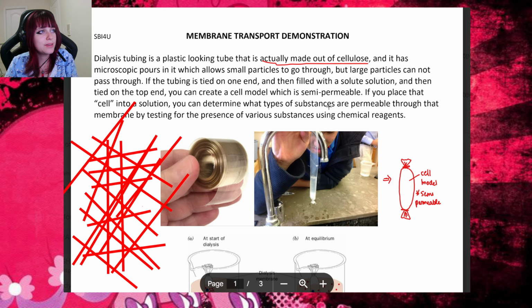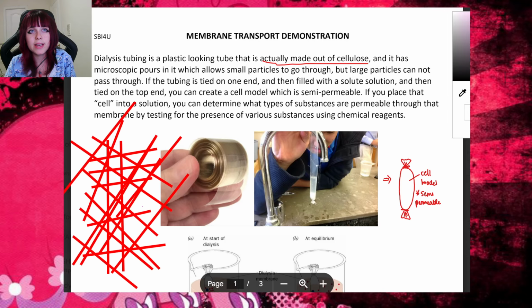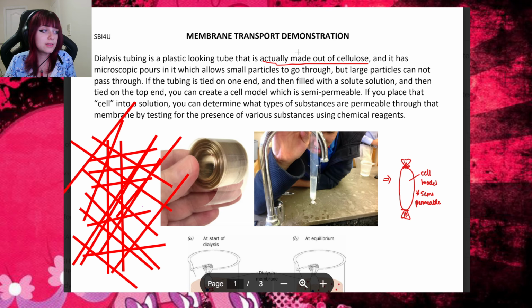So it's semi-permeable. It is selectively permeable and doesn't allow different-size molecules to enter. It only cares about the size. The shape can affect it, but it's mostly the size. How big is the substance, the particle, the molecule?